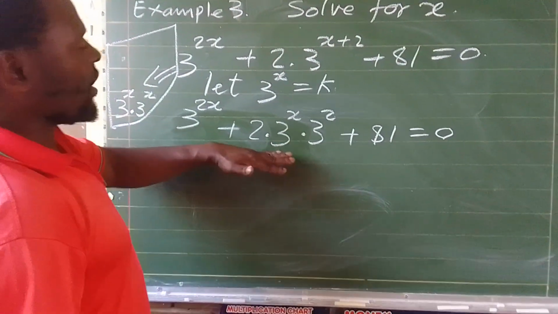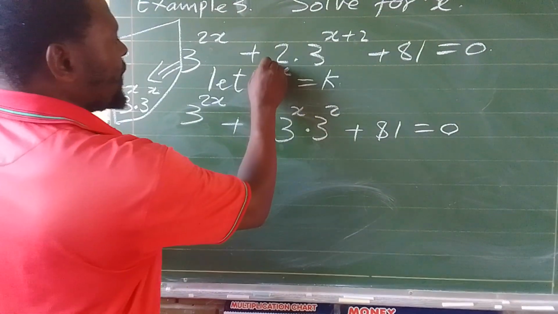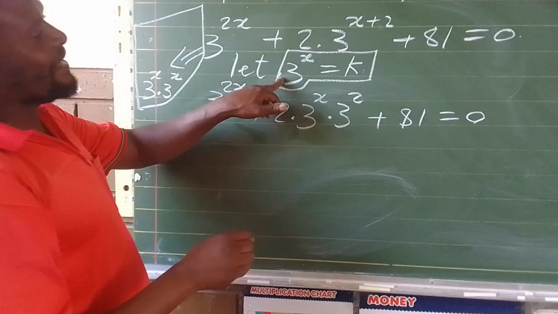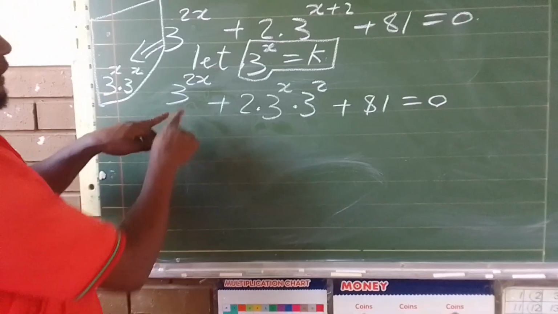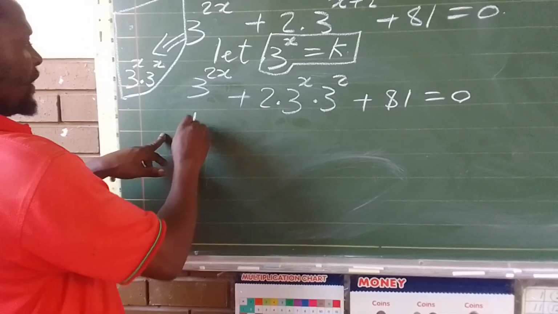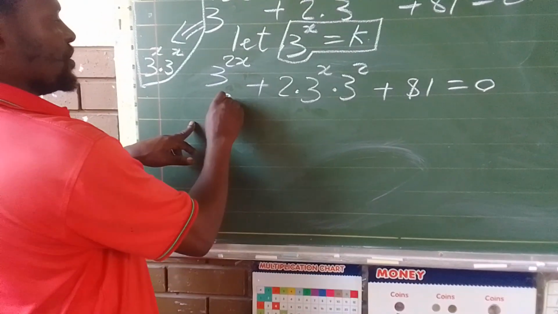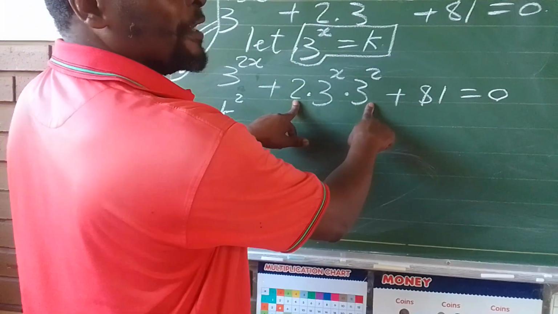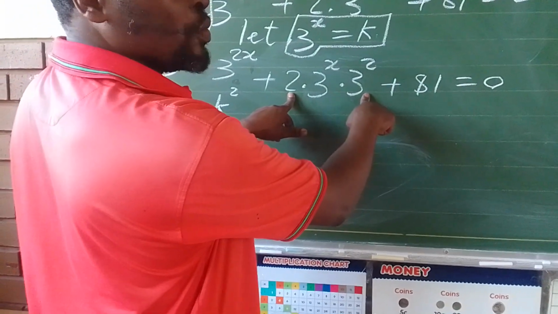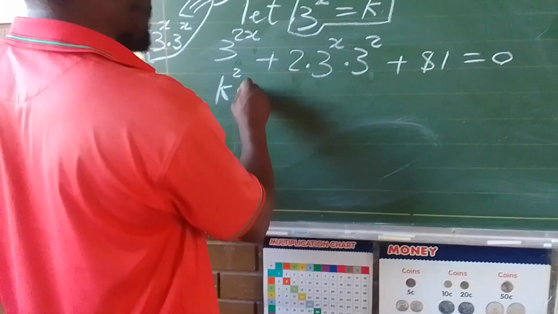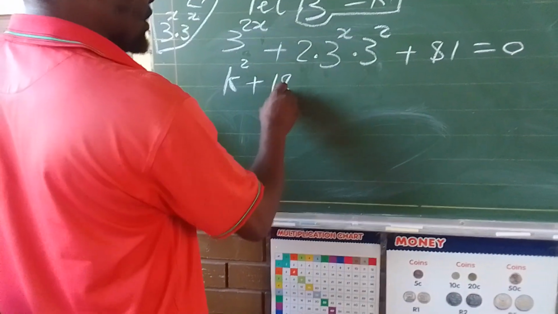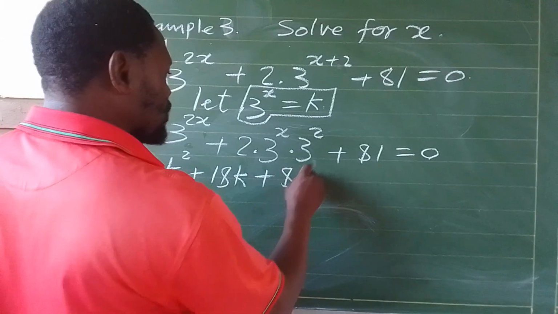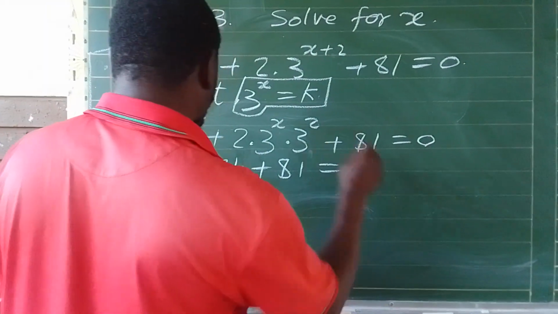Now, we can apply where we see 3 to the power x, we put a k. Here is k times k, which is k squared. Here it's 2 times 3 to the power 2, which is 9. 2 times 9 is 18k plus 81 is equal to 0.